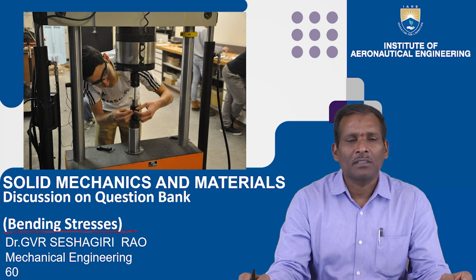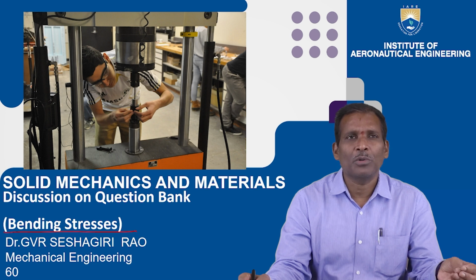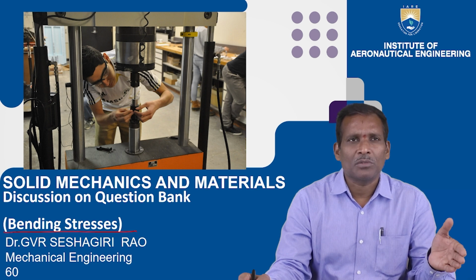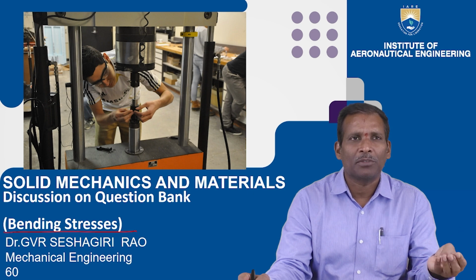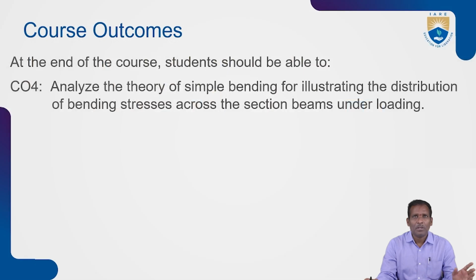In the examination, how they will ask and how to attempt the questions related to the bending stresses topic, you should know the course outcome. The student should be able to analyze the theory of simple bending.